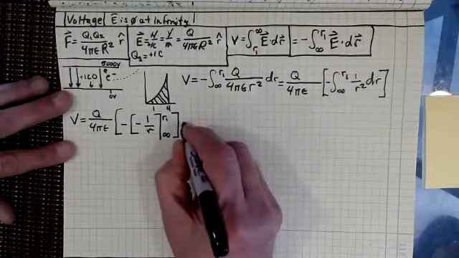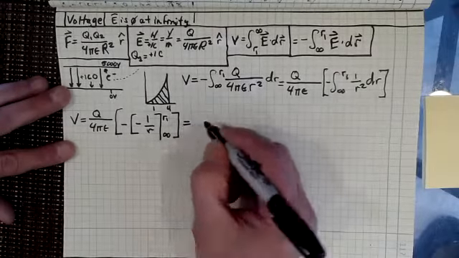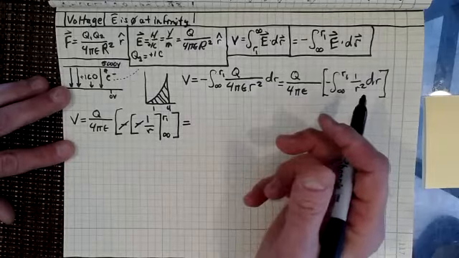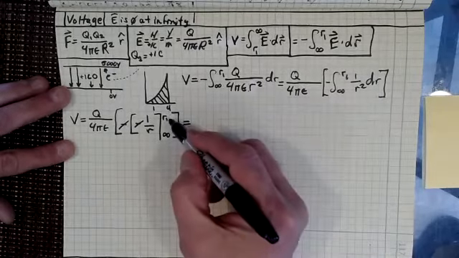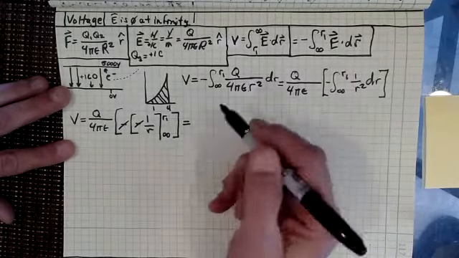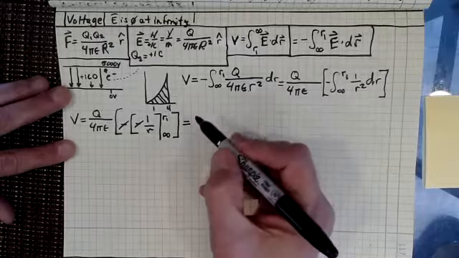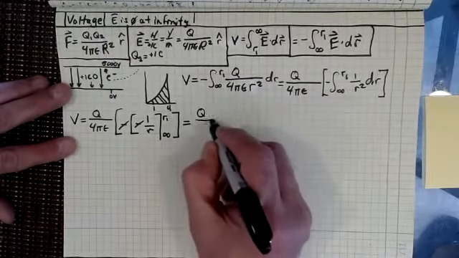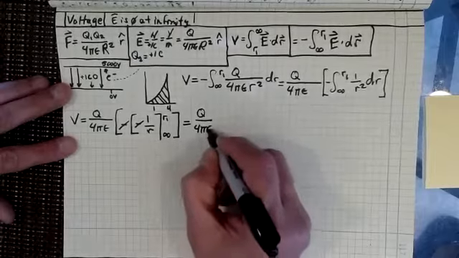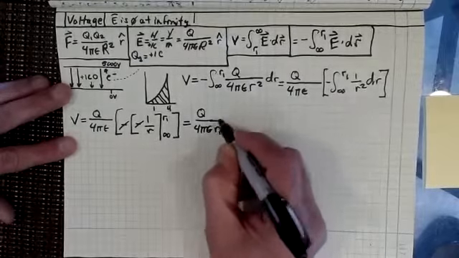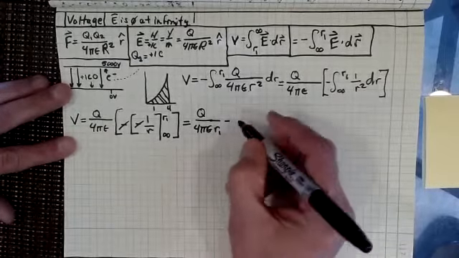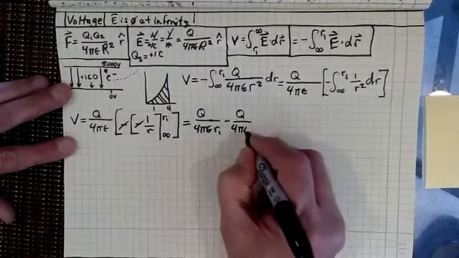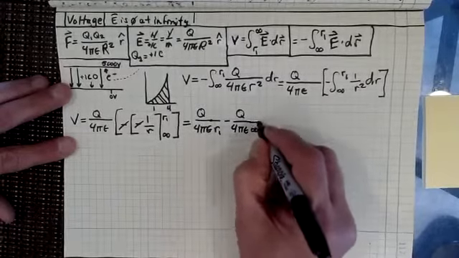Anyway, so I think everybody can see that those cancel out with one another. So we want to evaluate this between R1 and infinity. So what I get is, let's throw R1 in there first. And so it's Q over 4 pi epsilon R1, and then minus Q over 4 pi epsilon infinity, right?